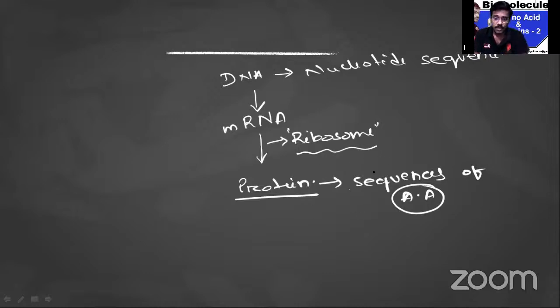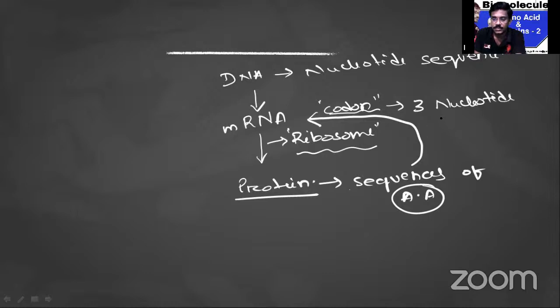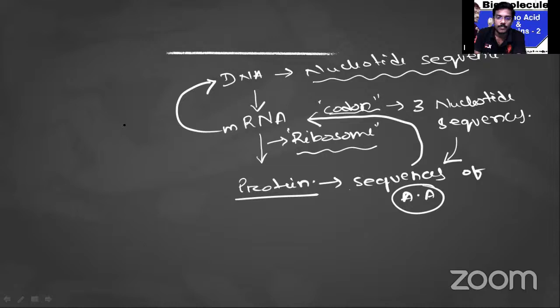The sequence of amino acids is decided by the sequence of the mRNA, that is, the codons. On the mRNA there are codons, and codons are three-nucleotide sequences. Each three-nucleotide sequence decides an amino acid in the sequence, and the sequence on the mRNA is decided by the sequence of the DNA.